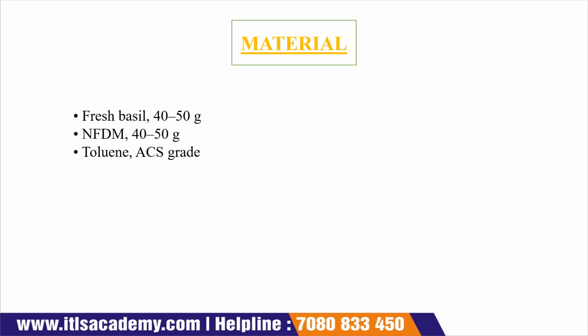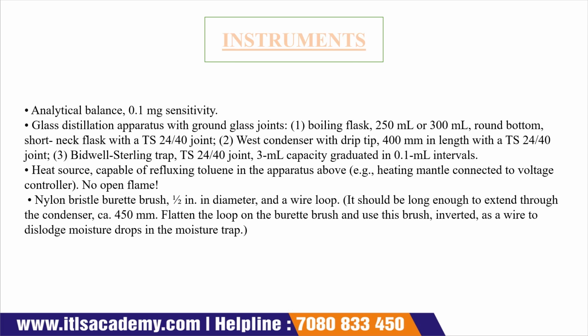Now the next one is your material. The materials required are fresh basil 40 to 50 gram, NFDM 4 to 50 gram, and toluene, and the grade of this toluene is ACS grade. Now the instruments required: the first instrument we require is an analytical balance, and this analytical balance can measure to 0.1 milligram also.